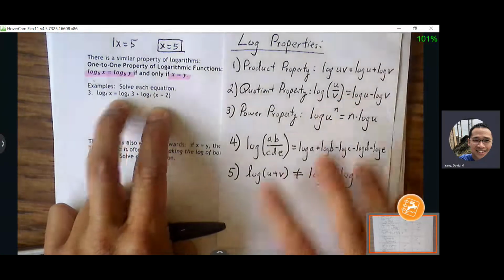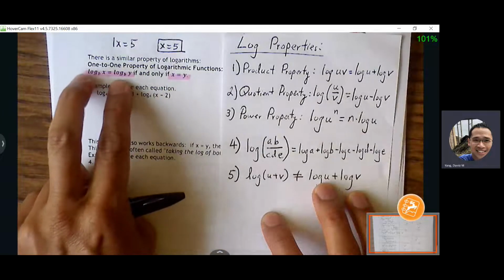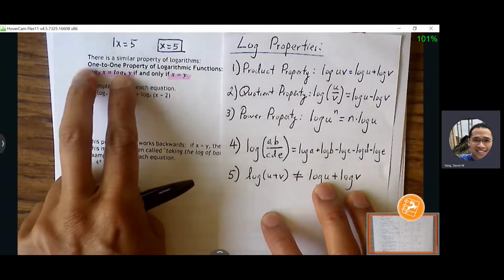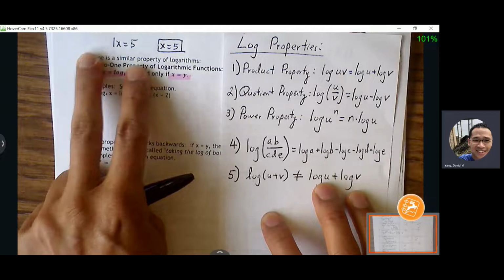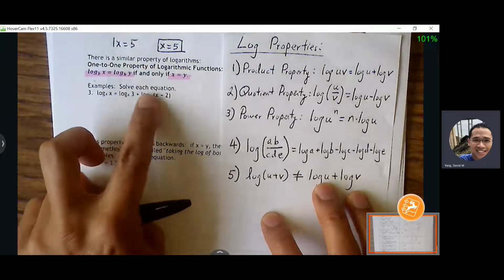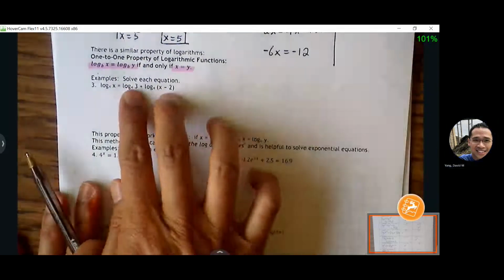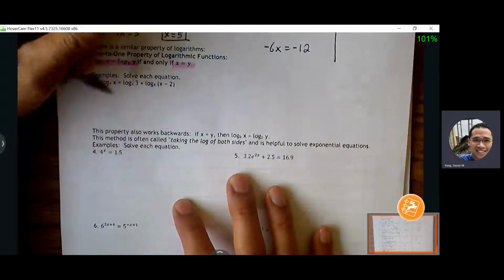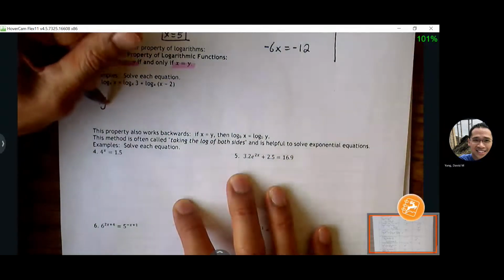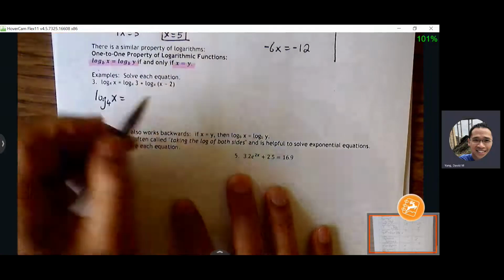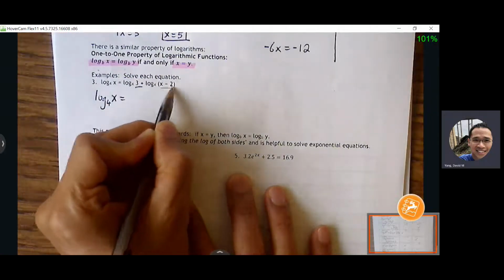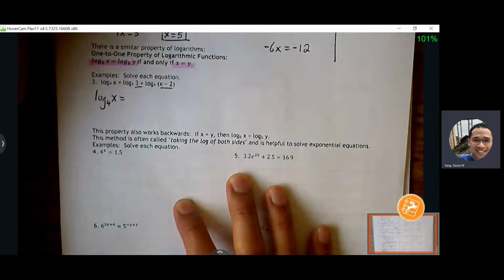Product property, right? I need a one-to-one log equals log before I can start removing it. If I start removing it here, I'm going to miss out on the property that needs to occur. So I'm going to first merge the two logs together. Left side stays. I need to merge the 3 and the x minus 2 together. They end up being multiplied.